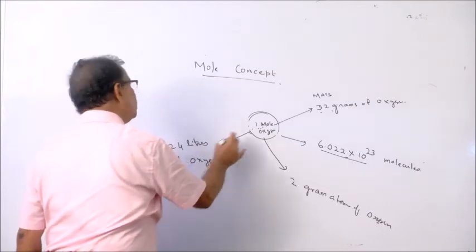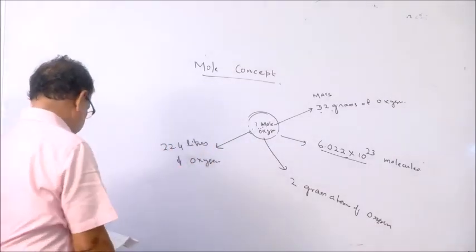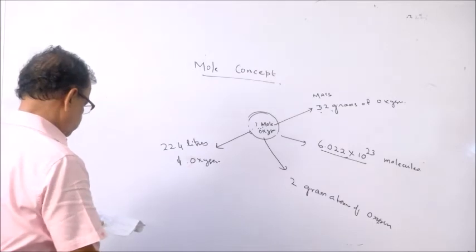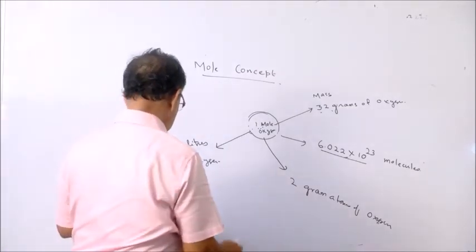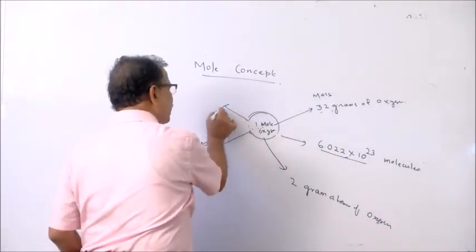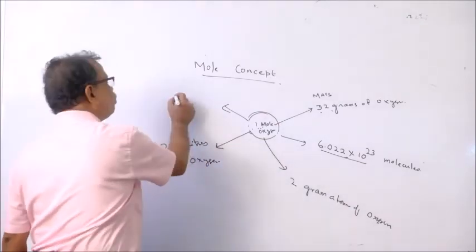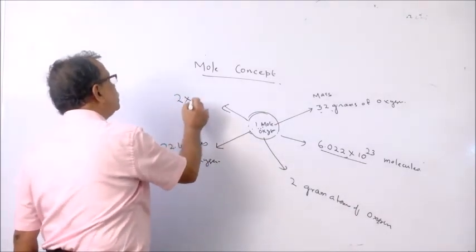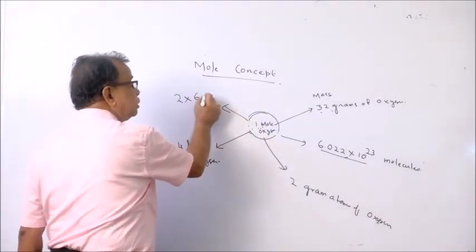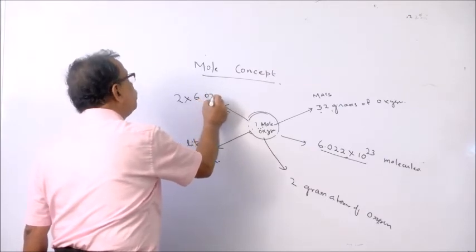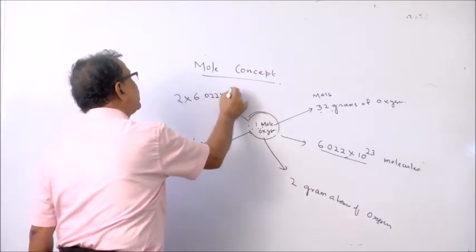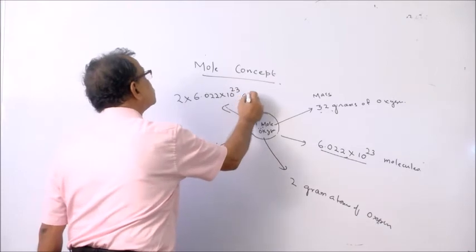Or in terms of atoms, the relation is 2 into 6.022 into 10 to the power 23 atoms.